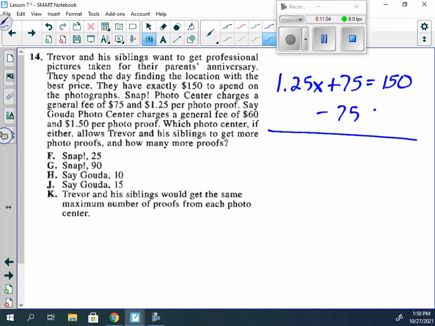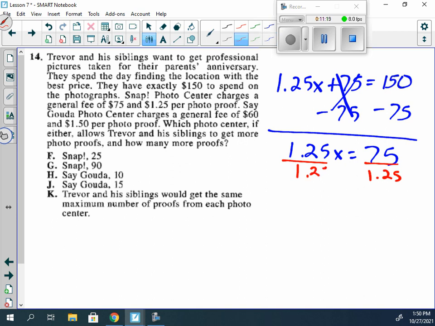We can subtract 75 from 150. And then we can divide both sides by 1.25, which will tell us x is equal to 60. Okay.